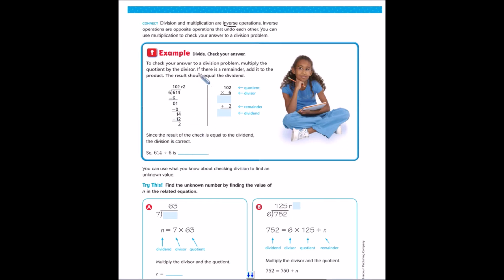In this example, we have 614 divided by 6. I can see that they went through and divided the hundreds, subtracted, brought down, divided the tens, subtracted, brought down, then divided the ones. We have a remainder of 2.